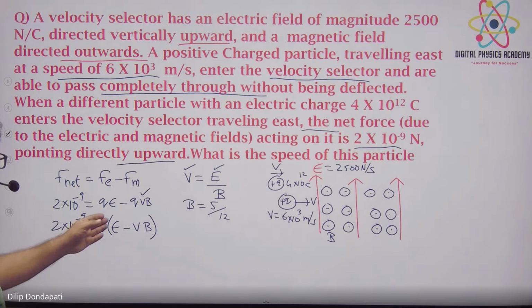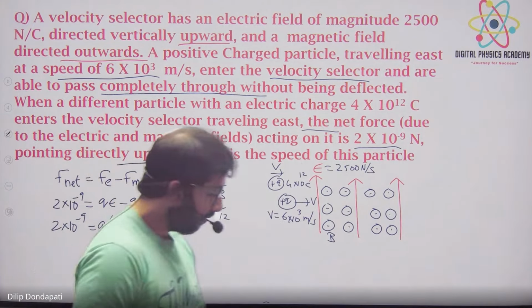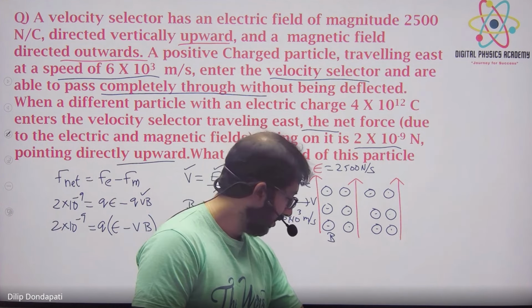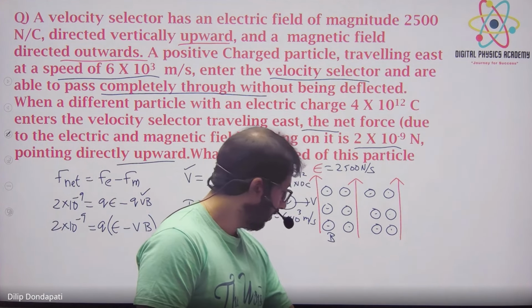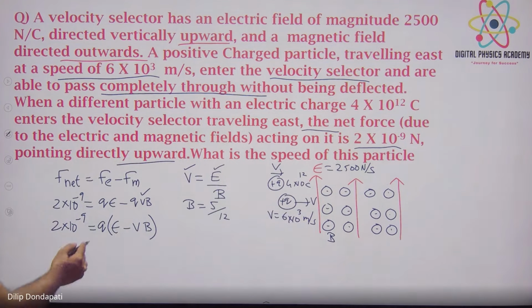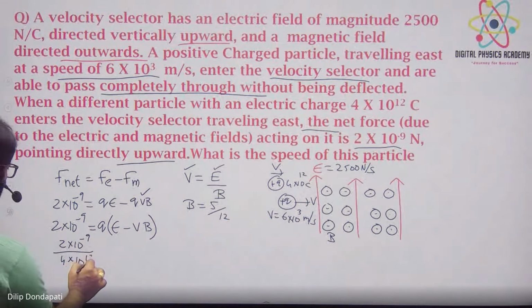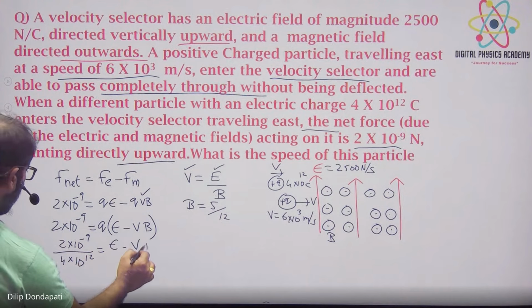So divide by Q. Q is 4 × 10^-12, right? So 2 × 10^-9 divided by 4 × 10^-12 equals E minus vB.